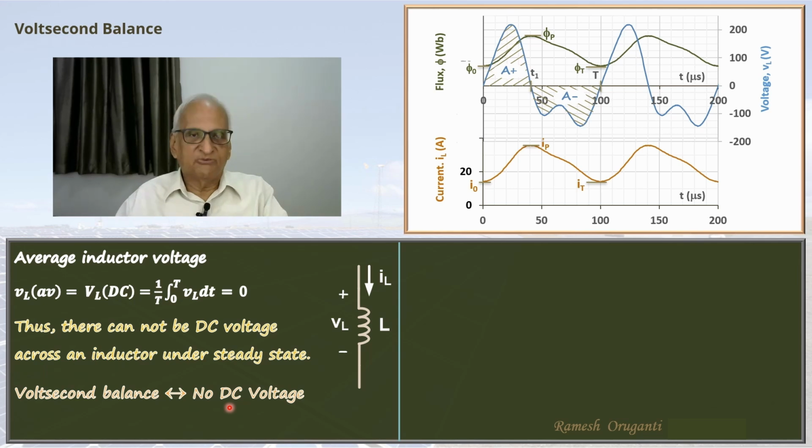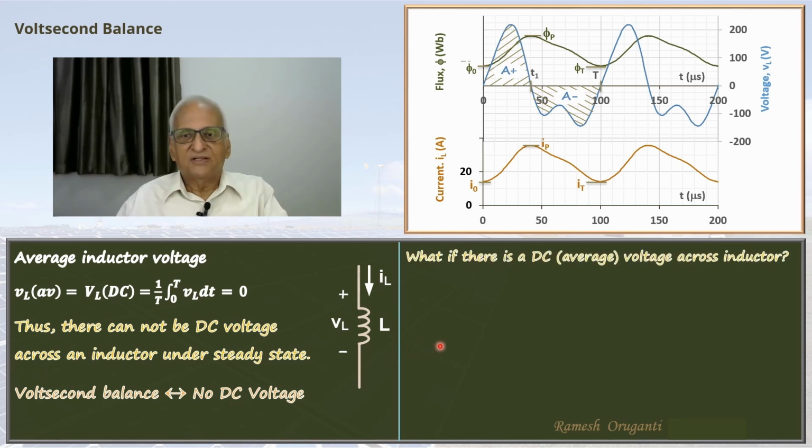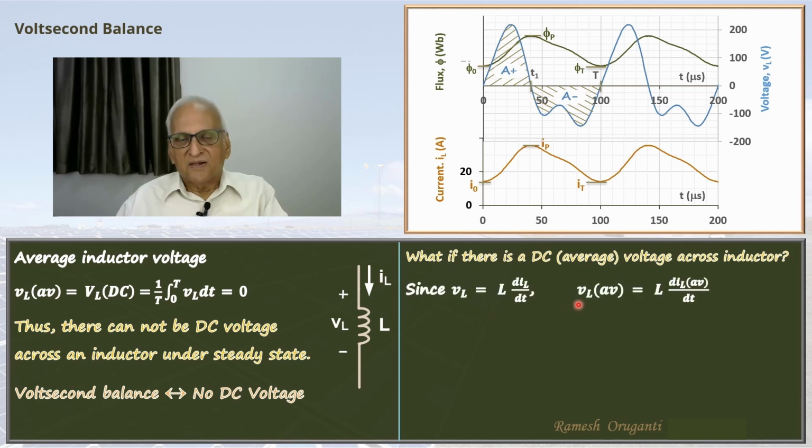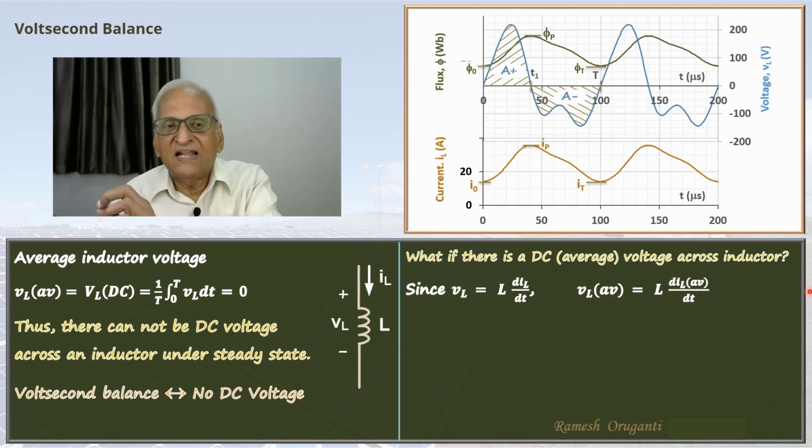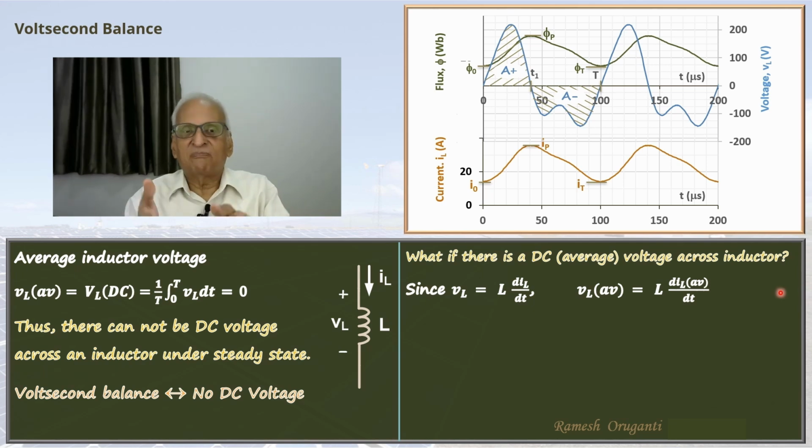Now what if there is a DC voltage? Okay, then since VL equals L dIL by dt, we can expect VL average will be L dIL average by dt. I am applying some kind of superposition there. So VL average is L dIL average by dt, and we are assuming that this VL average is non-zero, let's say some constant value.